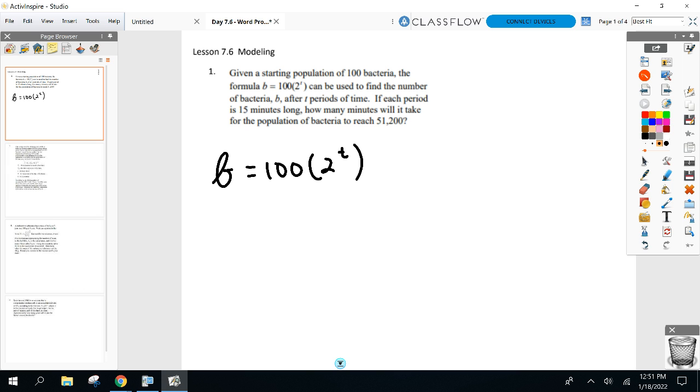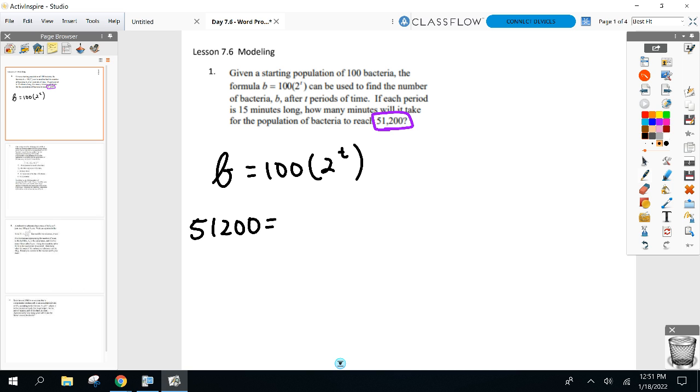Each period is 15 minutes long. How many minutes is it going to take for the bacteria to reach 51,200? So I've got to know where to put that. 51,200 bacteria. Where should I be putting that? In for B. And it looks like there's only one other variable, and I'm not going to plug in for it.